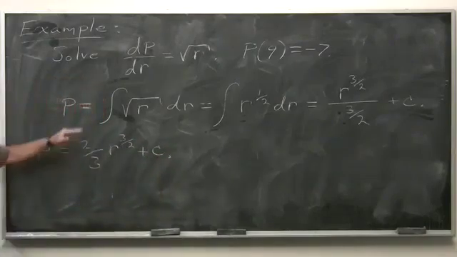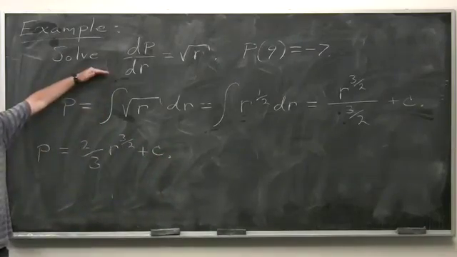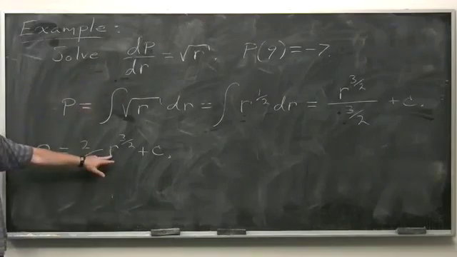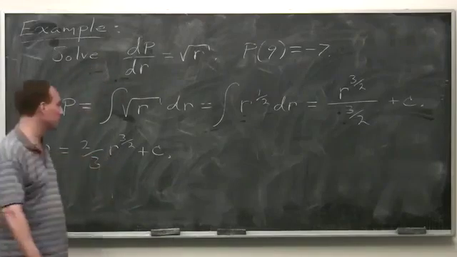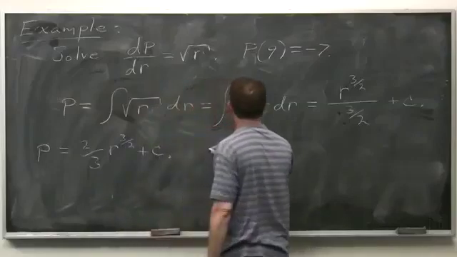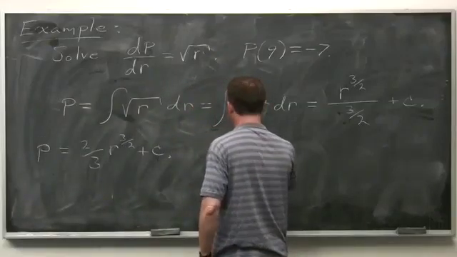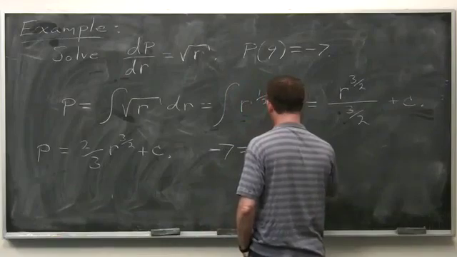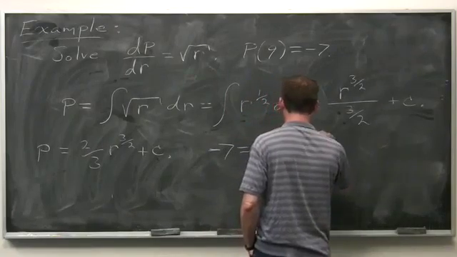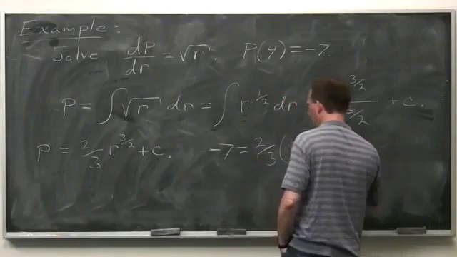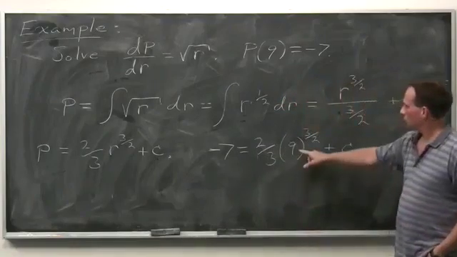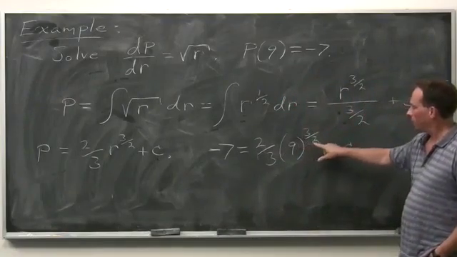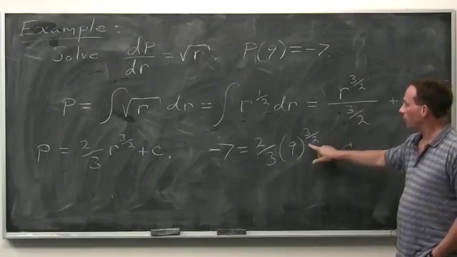This is the general solution to the differential equation, but we have some data that when r is 9, p is minus 7, so we can solve for this c. So p is minus 7 when r is 9. So we get 9 to the 1/2 is the square root of 9, that's 3.